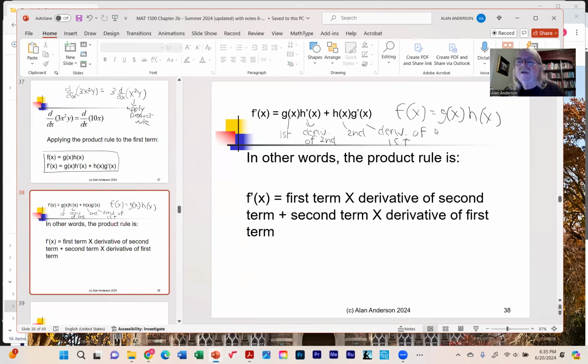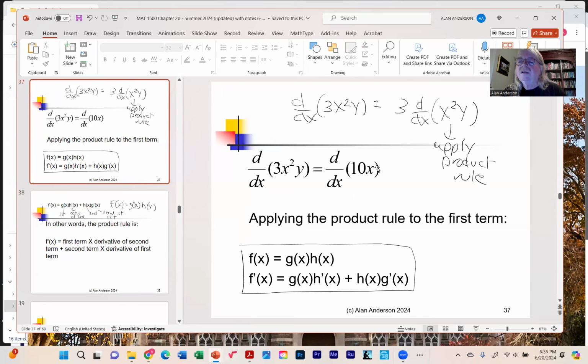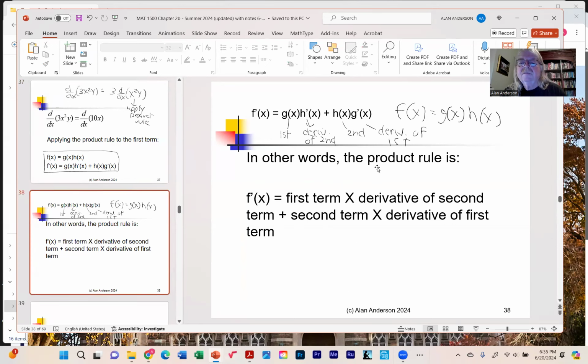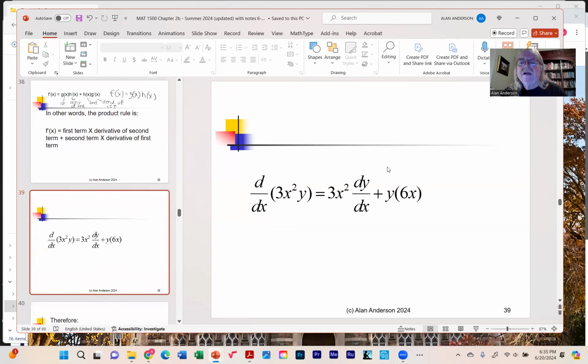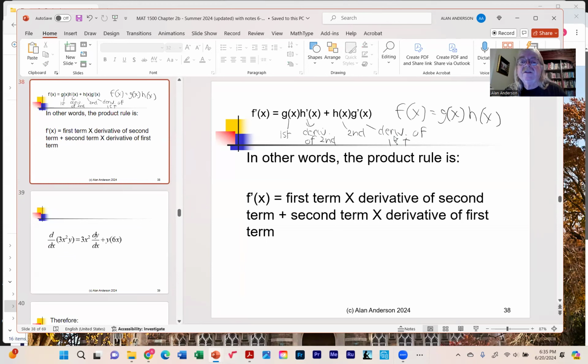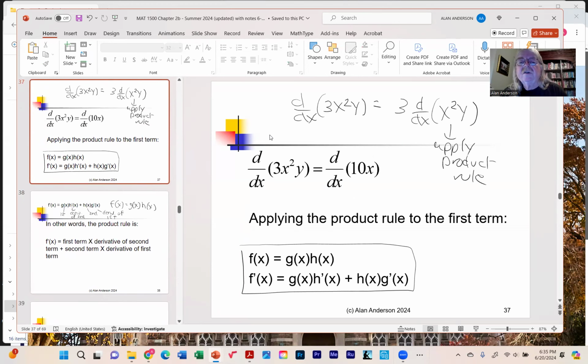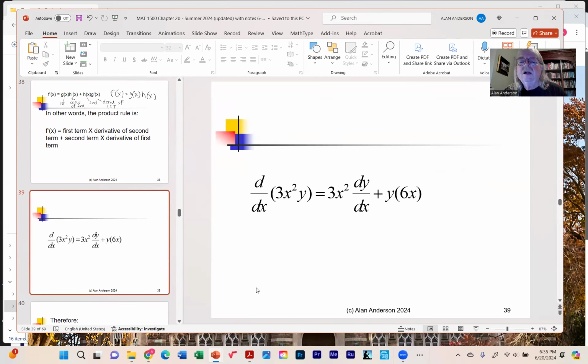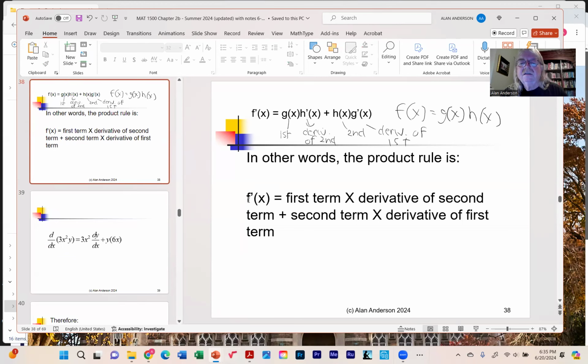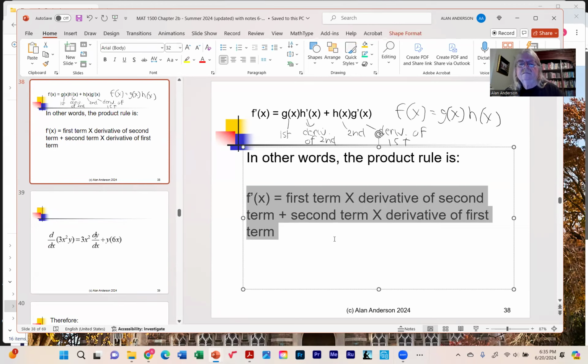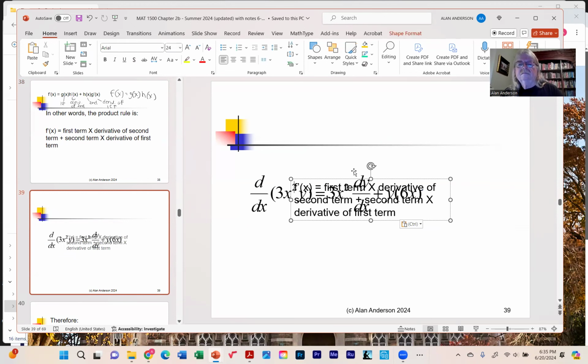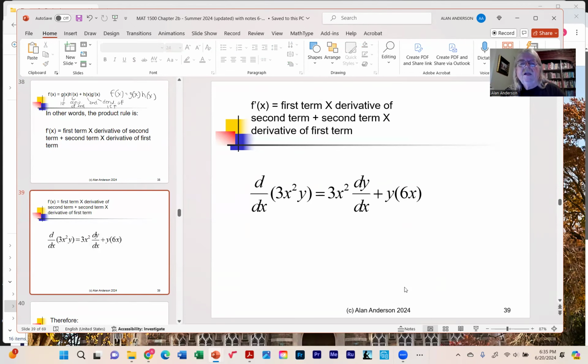We're going to do the same thing here with 3x squared y. And by the way, don't forget, we're only at the moment solving for this 3x squared y. We'll save this one for later because it's very straightforward. So using that logic, think of this as the first term, and this is the second term.